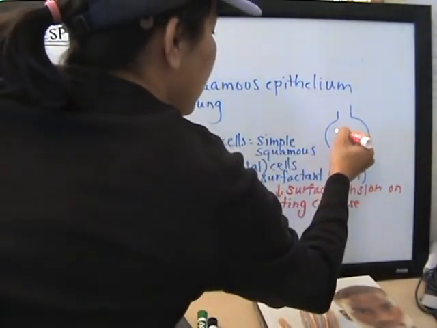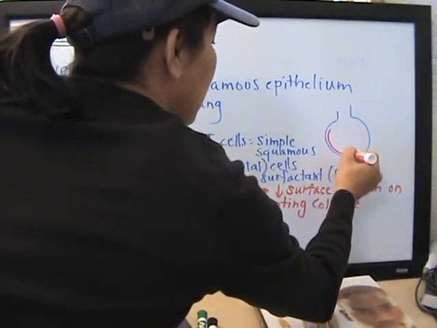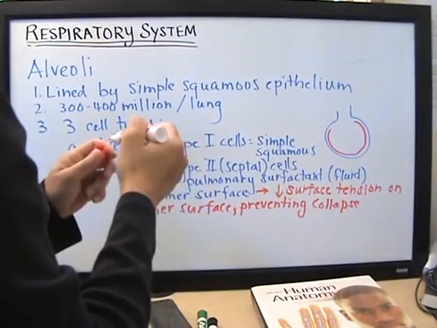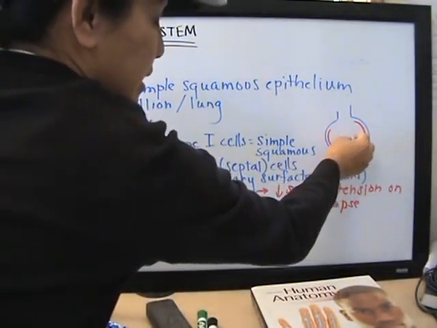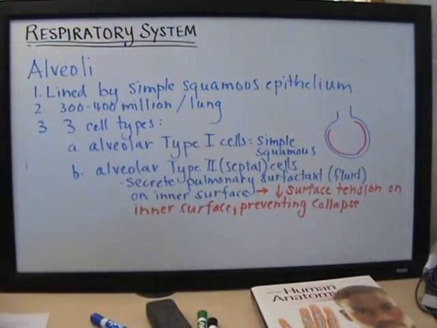Okay, so it prevents it from collapsing in because of high surface tension without it.